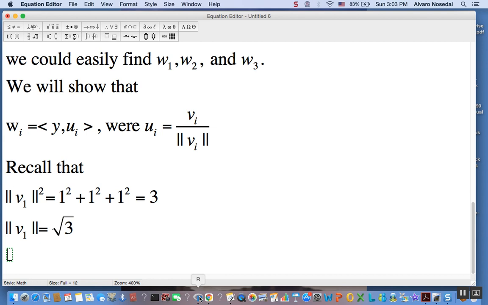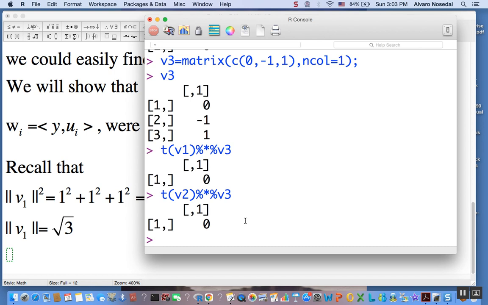Okay. So let's check with R. It would be just like this: transpose of V1, matrix multiplication with V1.